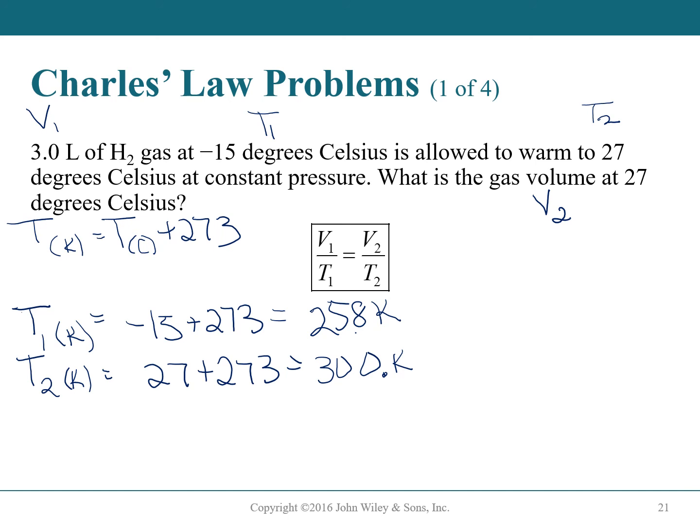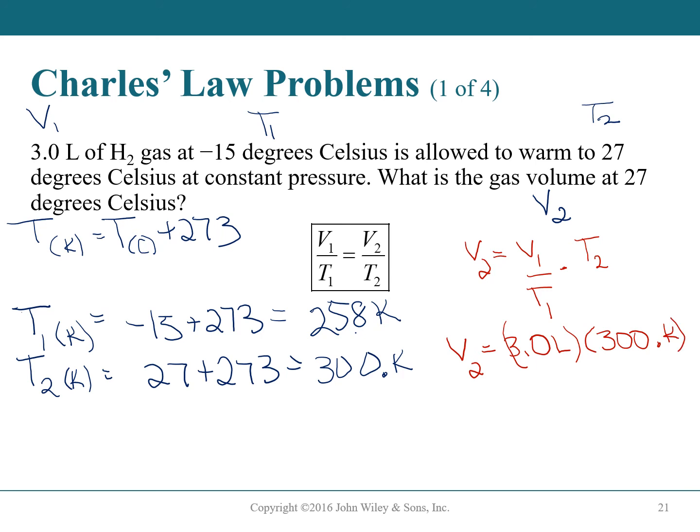So now we can solve our problem. We're looking for V2, so I'm going to multiply both sides by T2. So V2 is going to be equal to V1 over T1 times T2. Now I can plug in my numbers. V1, we said, was 3 liters. T2, we said, was 300 Kelvin. Divided by T1, which is 258 Kelvin.